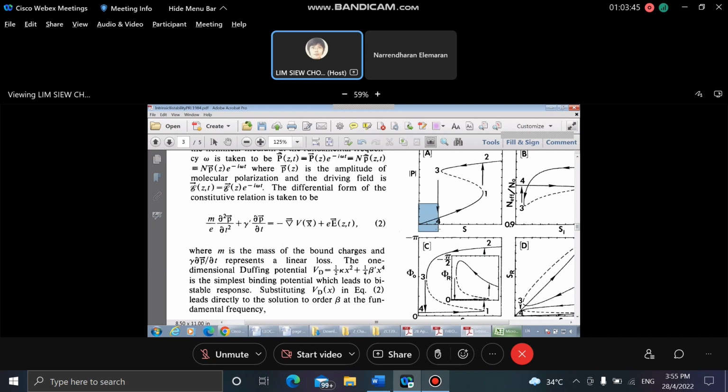At this stage, how many values? 1, 2, 3, right? So when the frequency is in this range, you have three values. When the frequency is high here, you go back to one value.